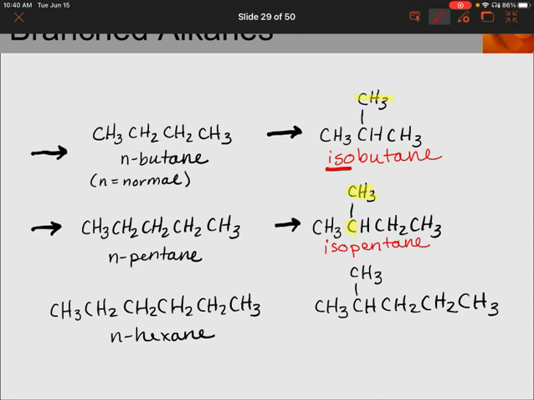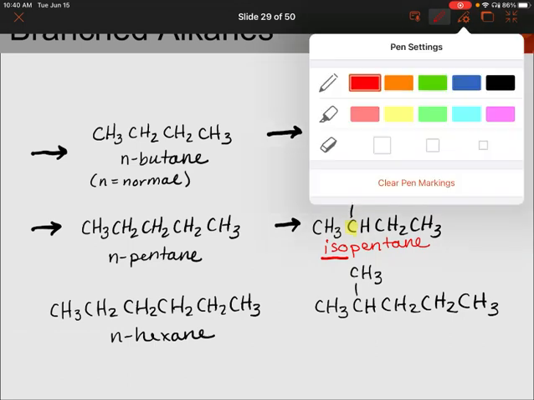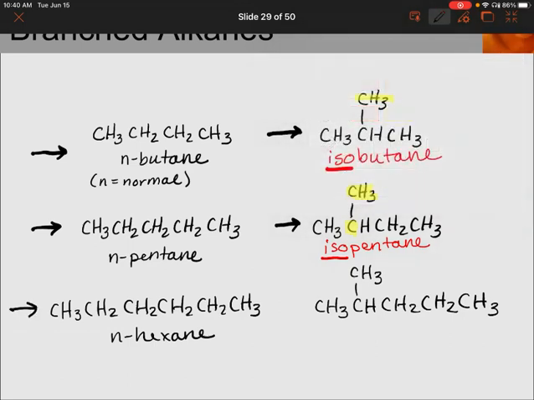So notice that these are the same prefixes. Finally, let's look at n-hexane and compare that to the branched version, where again we have a CH3 group bonded to the second carbon in the chain. So can you guess what this will be called?